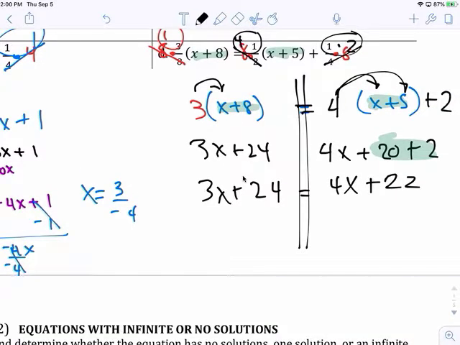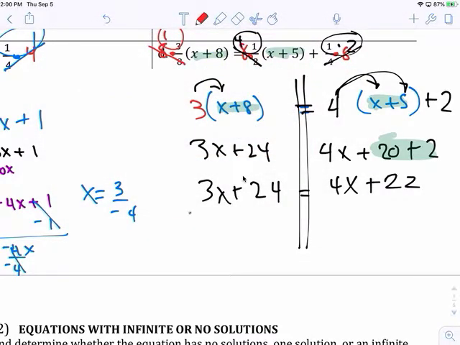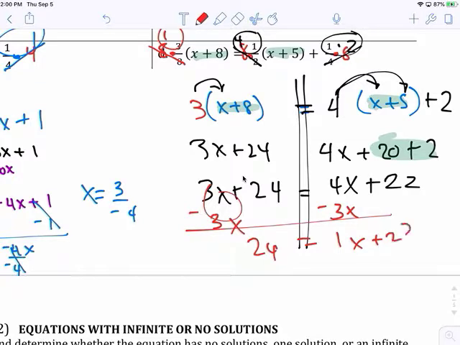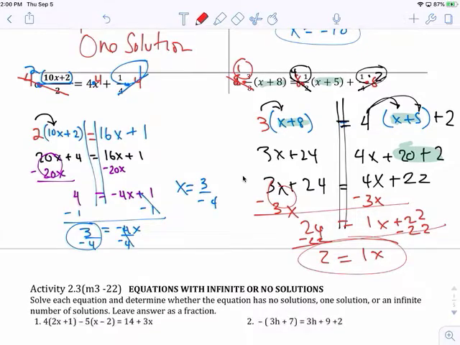Okay, so you minus, doesn't matter which one you minus. I like minusing the variable first. Then I get 24 equals 1x plus 22. Minus 22, you get 2 equals 1x. You divide by 1 and your answer is still 2. So there you go, it's your answer.